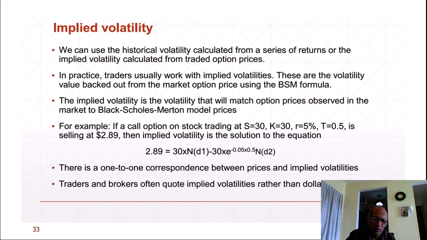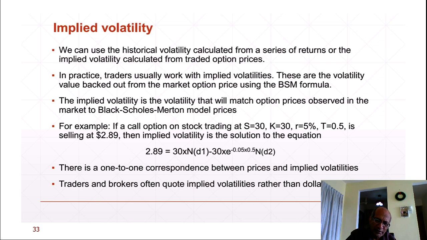For example, a call option is trading for a stock whose price S0 is currently 30, with a strike price of 30, that means at the money, with a 5% return annually, continuously compounded, and time of half a year. It's selling at $2.89. That is the price of the call option.